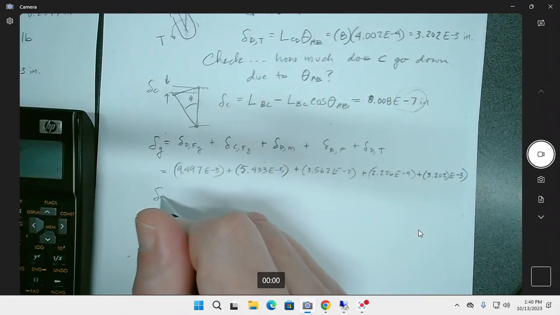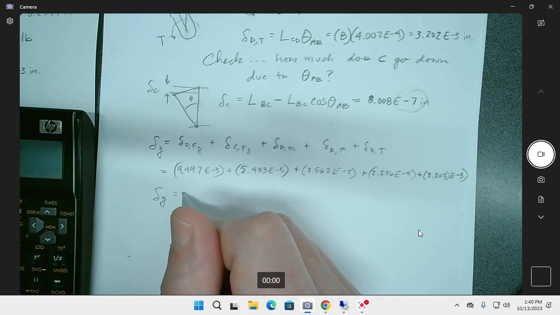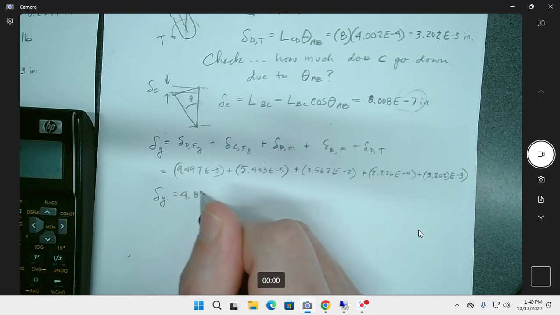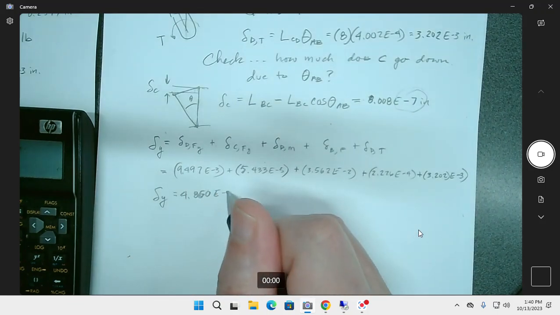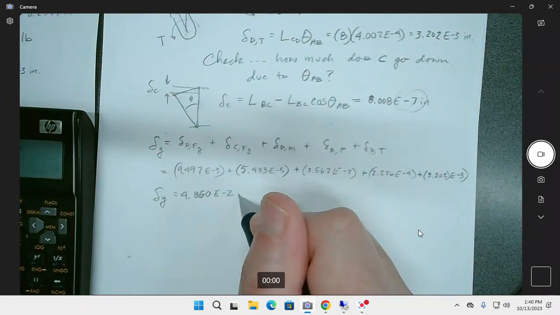Boom. We get a total of 4.8596, so 60, E minus 2 inches.